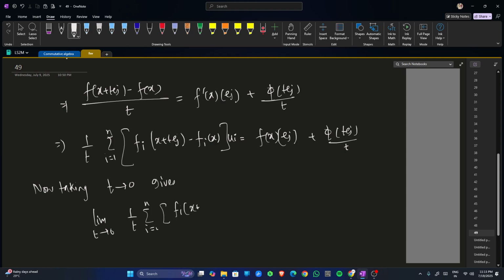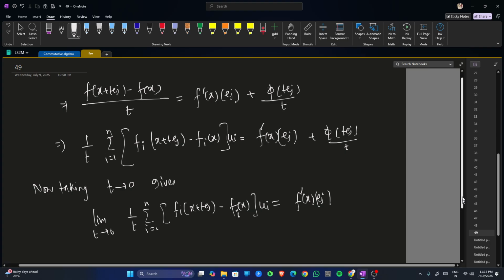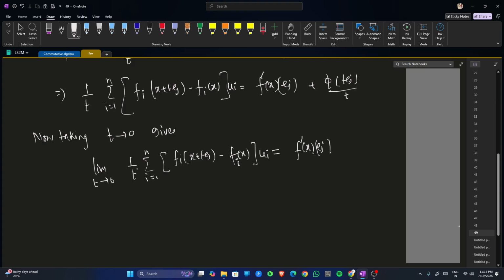This part goes to 0, and we get f prime x applied on ej.